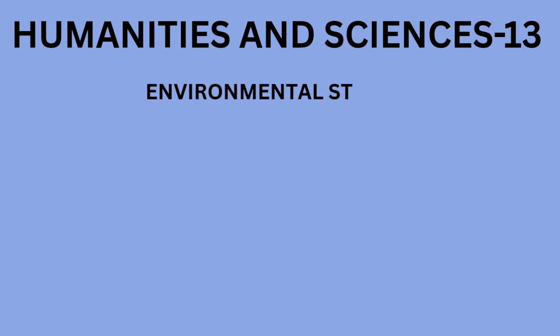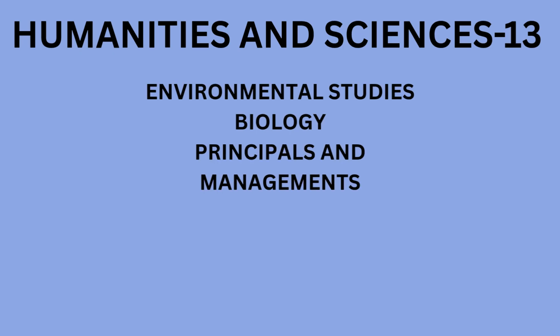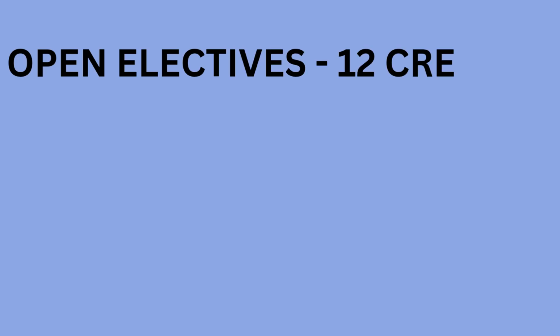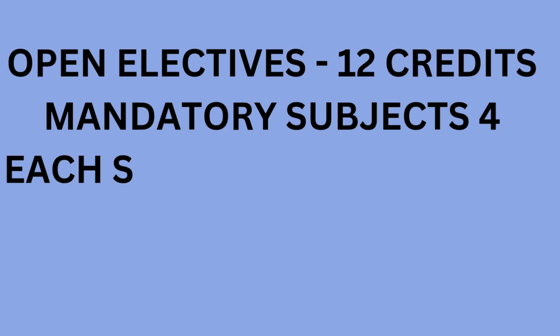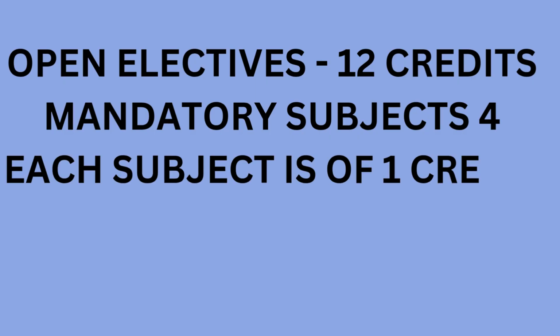You're going to have subjects like biology, environmental sciences. Following that, you have to complete 12 credits in open electives. Now you can take more credits than 12 in your open electives. And then you're also going to have mandatory courses, which do not carry weightage, but they are mandatory. So these are the electives that you're supposed to complete.